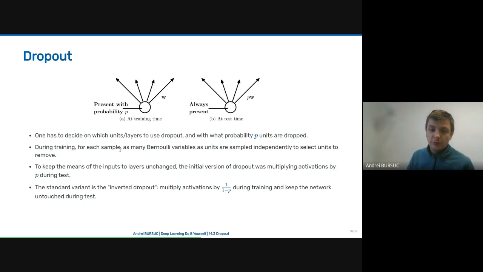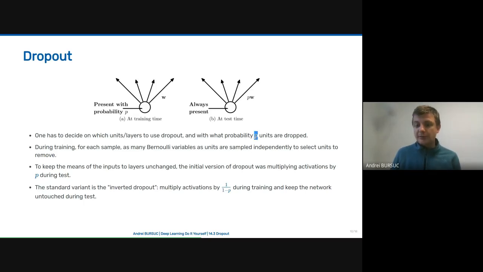So we have to decide on which units to use Dropout and with what probability p the units are dropped. Well, the first part is easy. We usually select fully connected layers, although there are variants also for convolutional layers, but in general it's applied principally on fully connected layers. And then we have to decide on the probability.